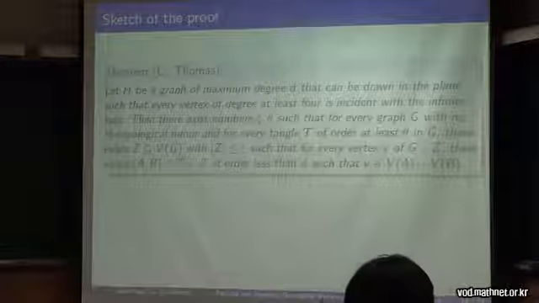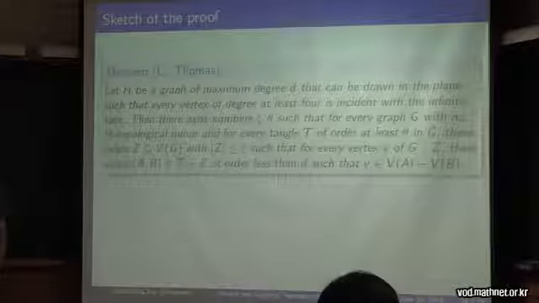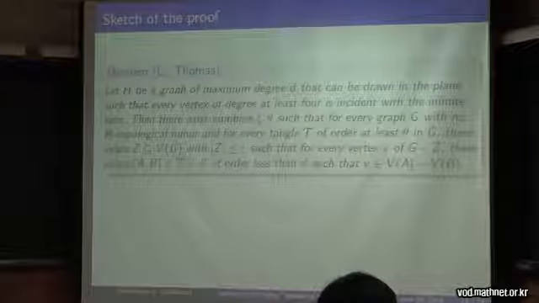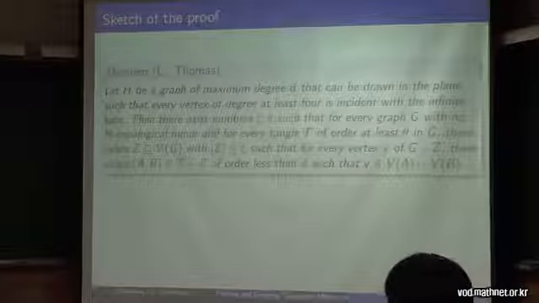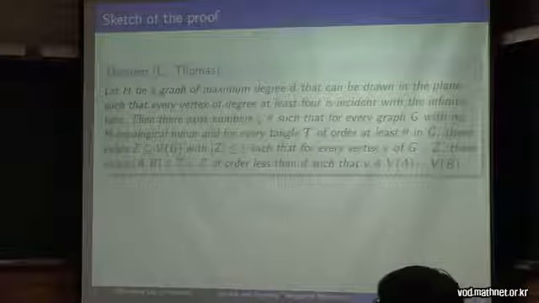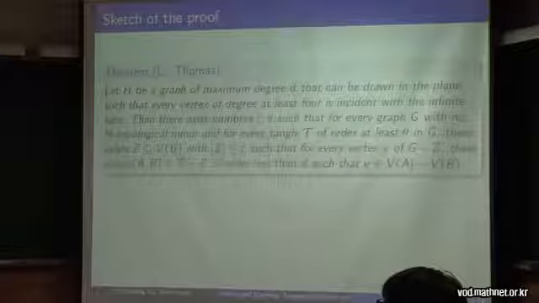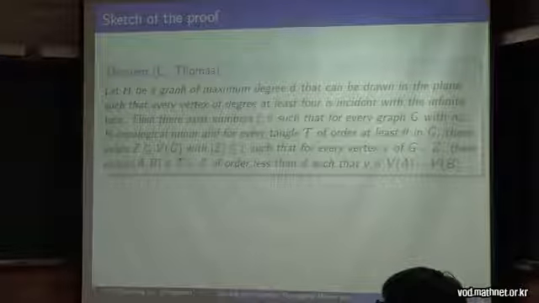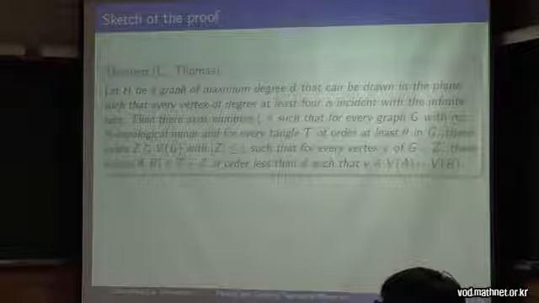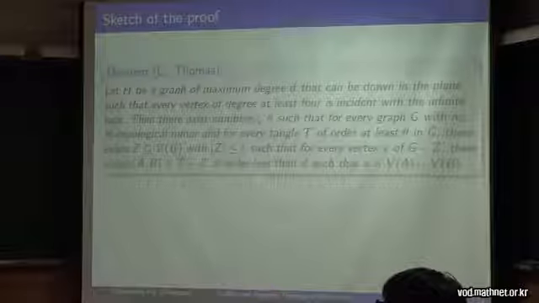It can be drawn in the plane such that all vertices have degree at least 4. So you have a small set Z, and everything outside is on the small side with respect to the tangle.